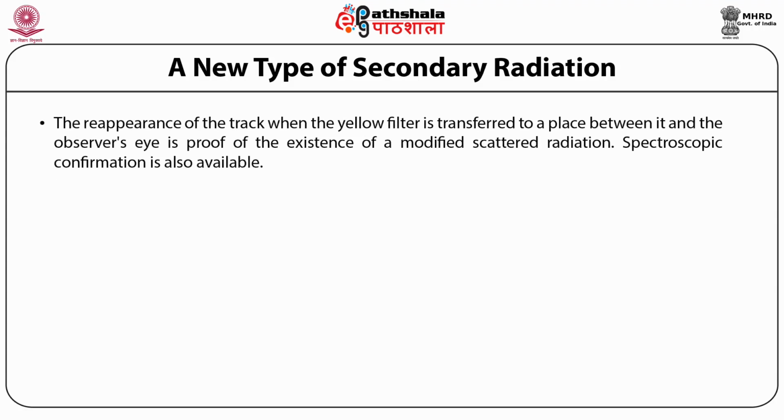The reappearance of the track when the yellow filter is transferred to a place between it and the observer's eye is the proof of the existence of a modified scattered radiation. Spectroscopic confirmation is also available.